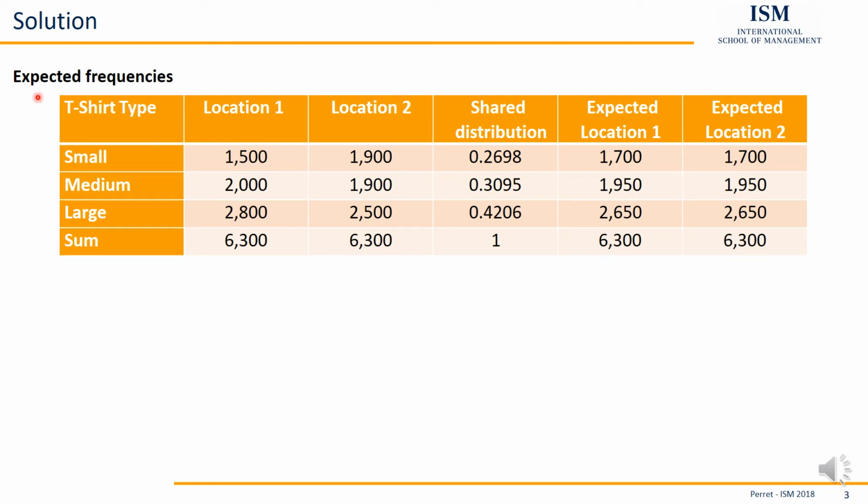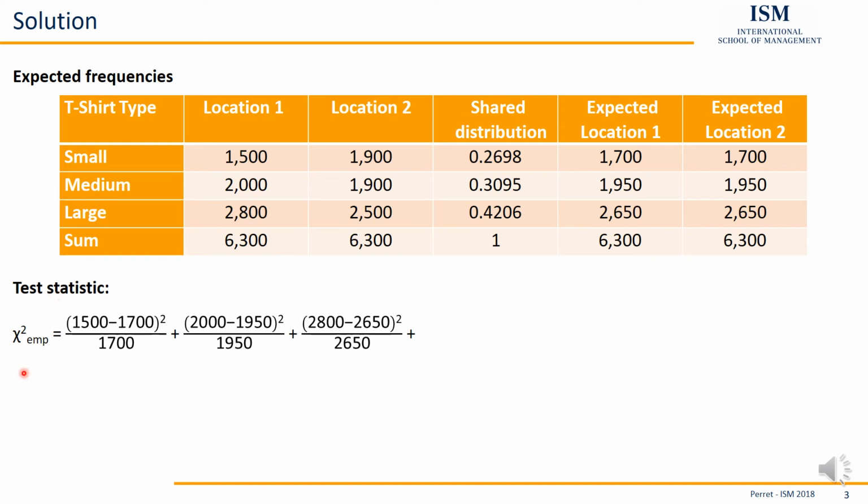Okay, that was the first step for our chi-squared test. The next step is calculating the chi-squared test statistic. We do this by using the typical formula for chi-squared. We move through all 6 entries, 3 for location 1, 3 for location 2.